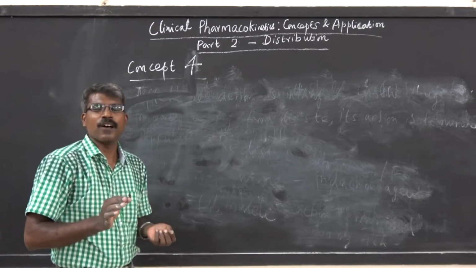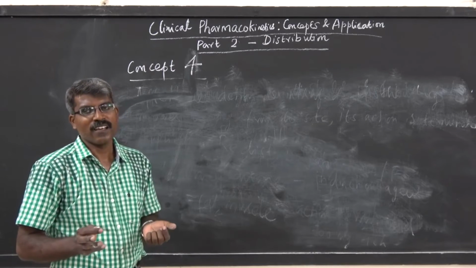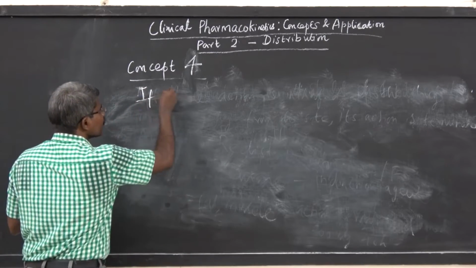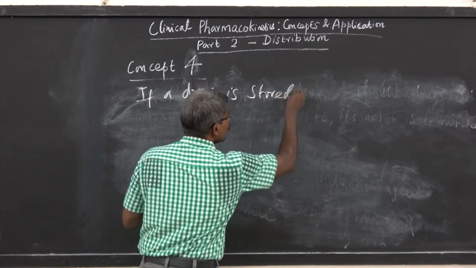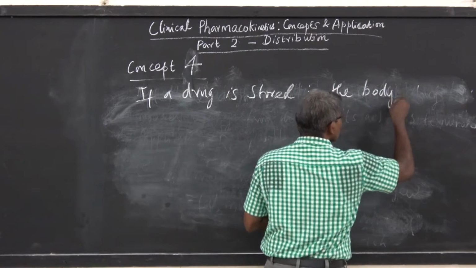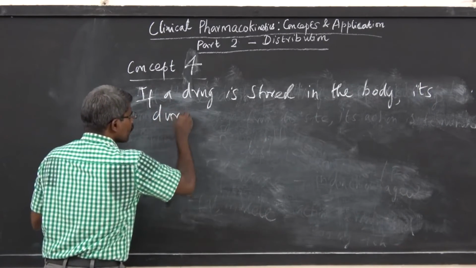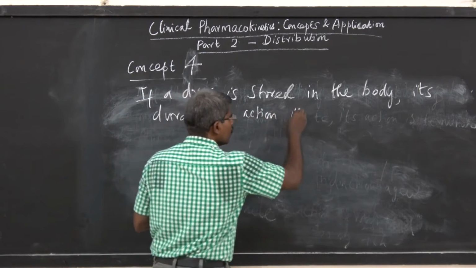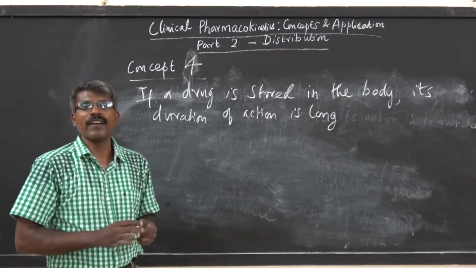If a drug is stored in a particular structure or organ in the body, it can act for a long time. Very simple concept, isn't it? If a drug is stored in the body, its duration of action is long, or its duration of action is not dependent on elimination T-half.